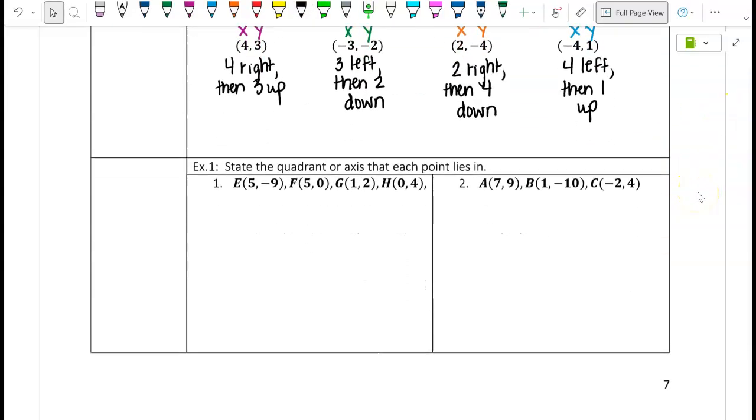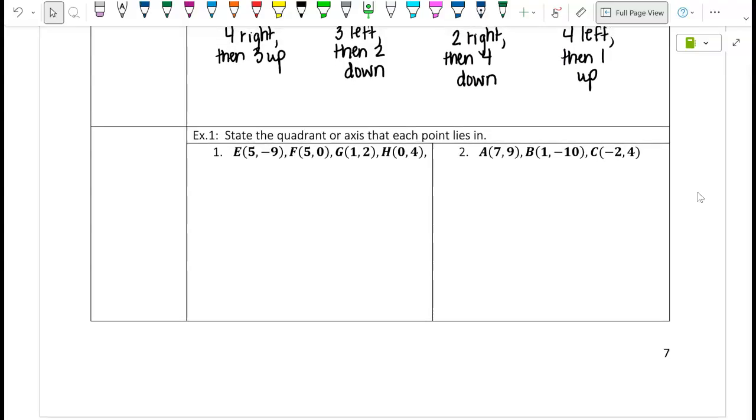So example 1 says, state the quadrant or axes that each point lies in. So our first point here they're asking us about is E, which is the ordered pair 5, negative 9. Again, 5 is representing our x, negative 9 is representing our y. If we look at it in terms of the signs, that means I have a plus, a minus.